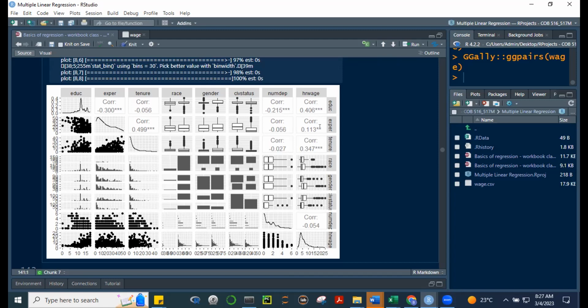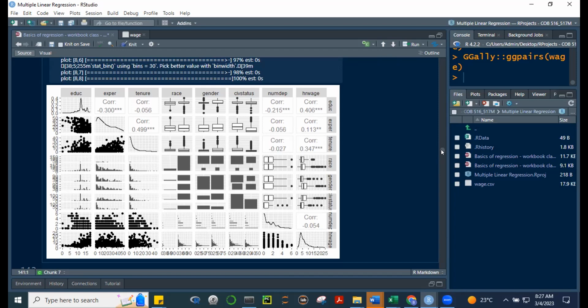Also experience, this is quite a weak correlation, 0.11 lang. Si tenure naman with hourly wage, okay, moderate din yung correlation. Si number of dependents, yan, wala siyang correlation with the hourly wage. So we can make a bold guess that when we run multiple linear regression, hindi magiging statistically significant si number of dependents. Kasi walang correlation si hourly wage at si number of dependents.